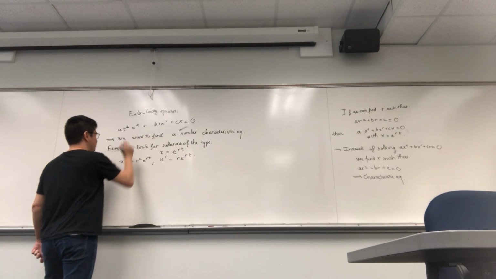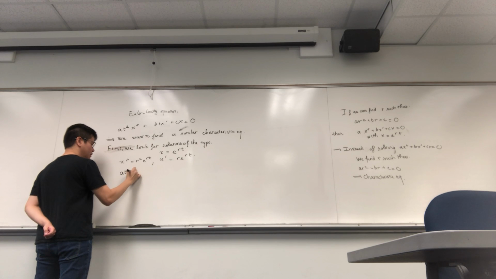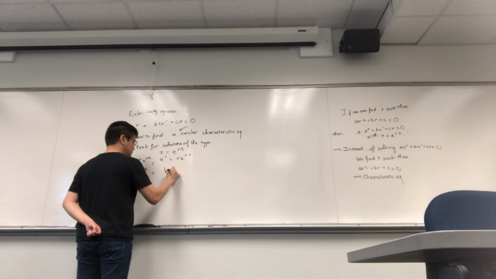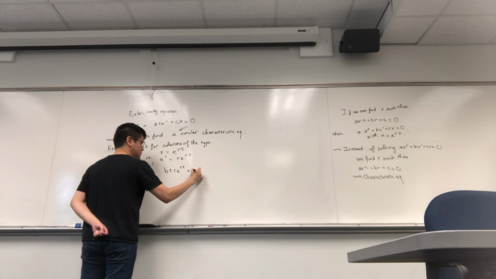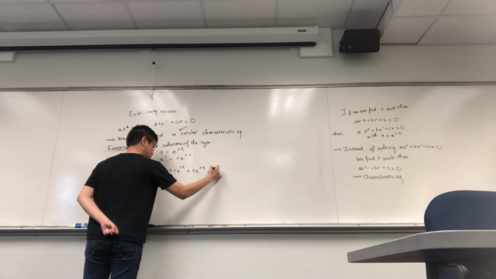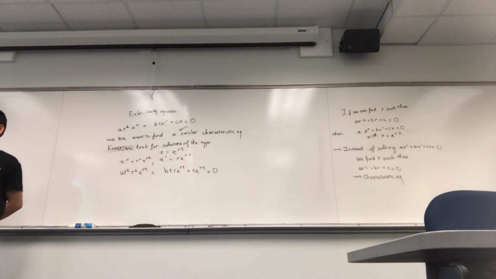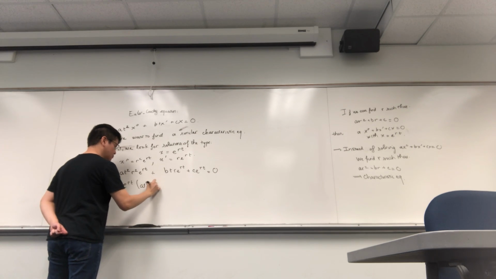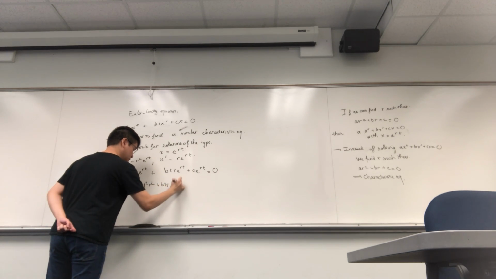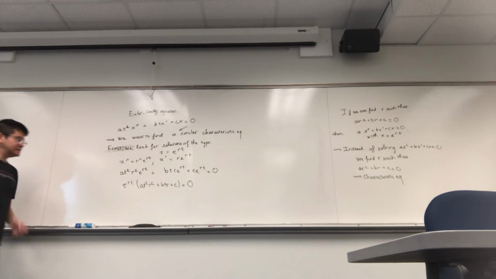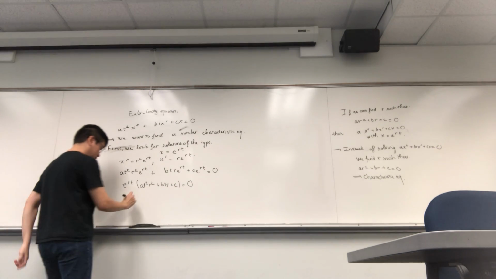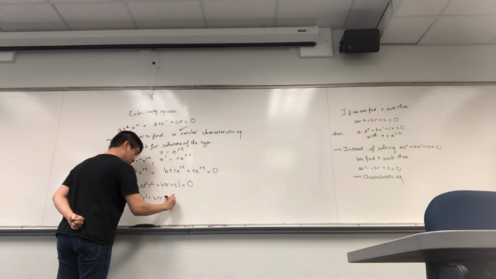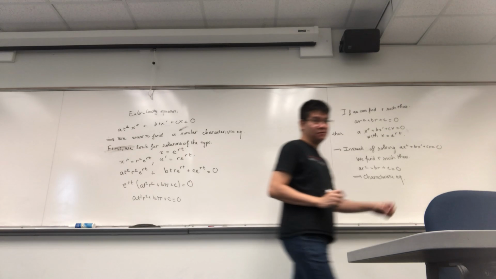Now I plug everything back into the equation, right? So I have a t^2 r^2 e^(rt) + b t r e^(rt) + c e^(rt) = 0, right? And now I factorize e^(rt). I get a t^2 r^2 + b t r + c = 0.